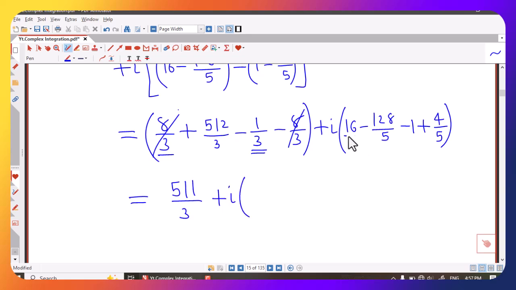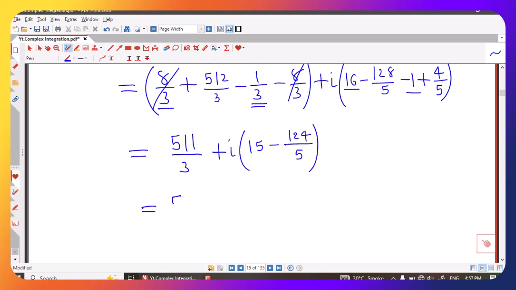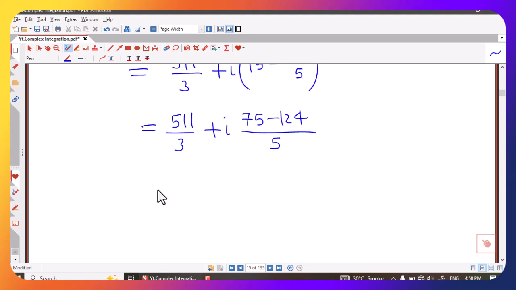Plus, here we can write one more step, 16 minus 1, that is 15, and minus 128 by 5 plus 4 by 5, that will give me minus 124 divided by 5, and then I will have 511 by 3, and here I will have 75 minus 124 divided by 5, and this I will get as minus, 75 minus 124 will give me 49.